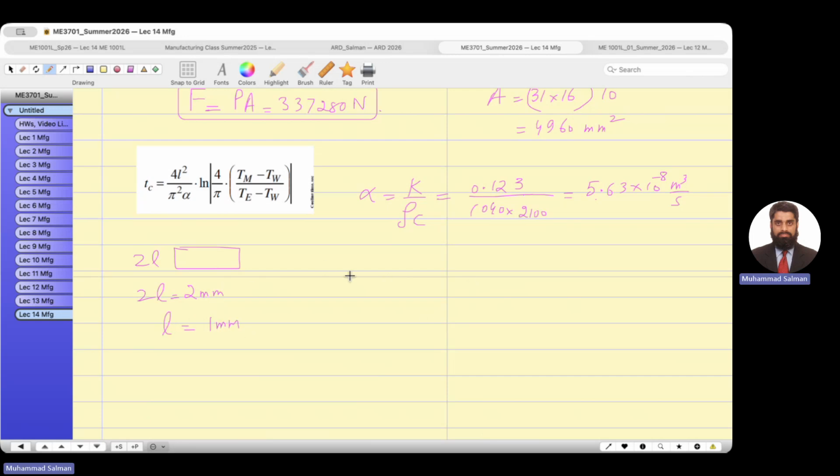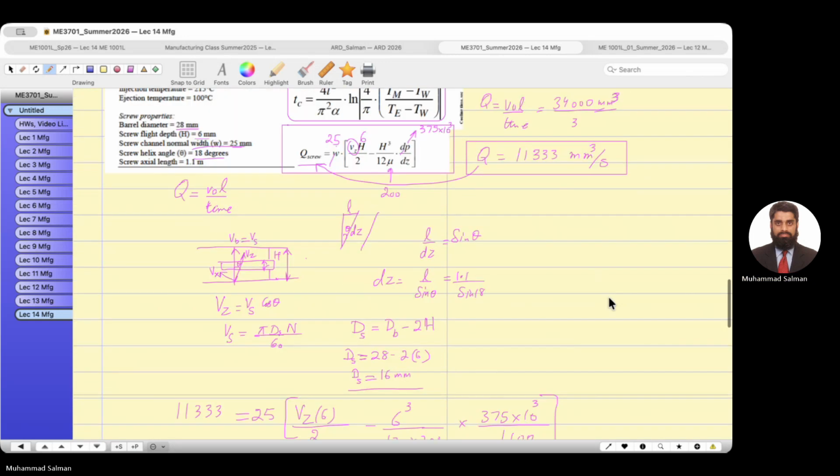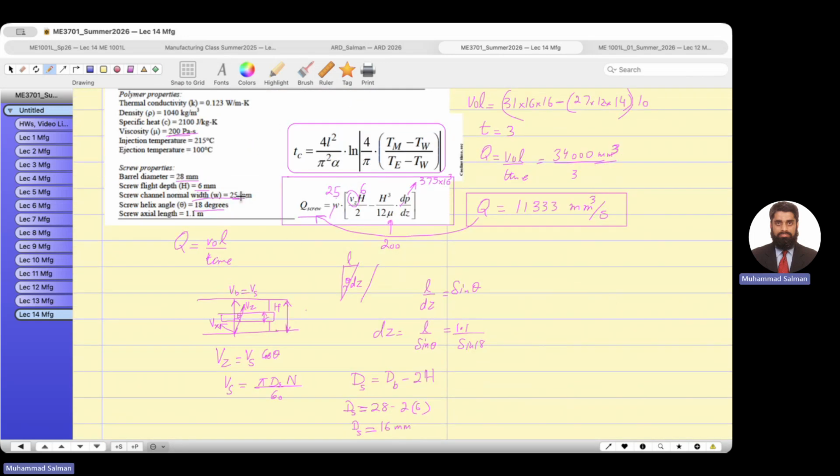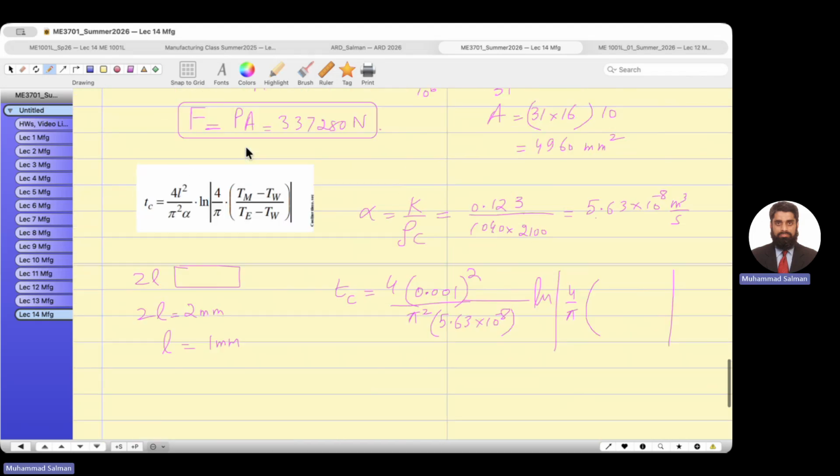So I can write down here cooling time: 4 times L, and I want to convert it into meters, divided by pi squared times 5.63 times 10 to the power -8, times ln natural log of 4 over pi times the injection temperature, which is 215. Here it is written Tm, which is the injection temperature.